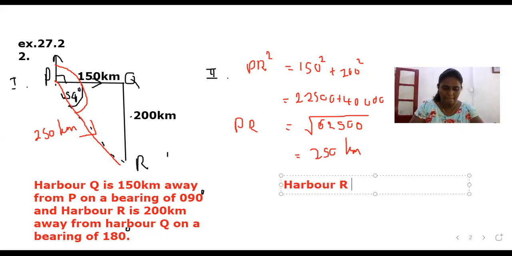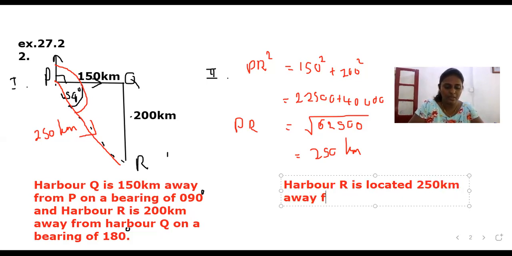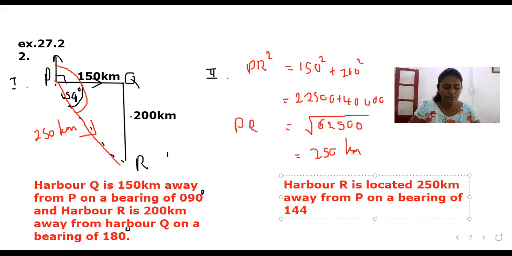Harbor R is located 250 kilometers away from P on a bearing of 144 degrees.